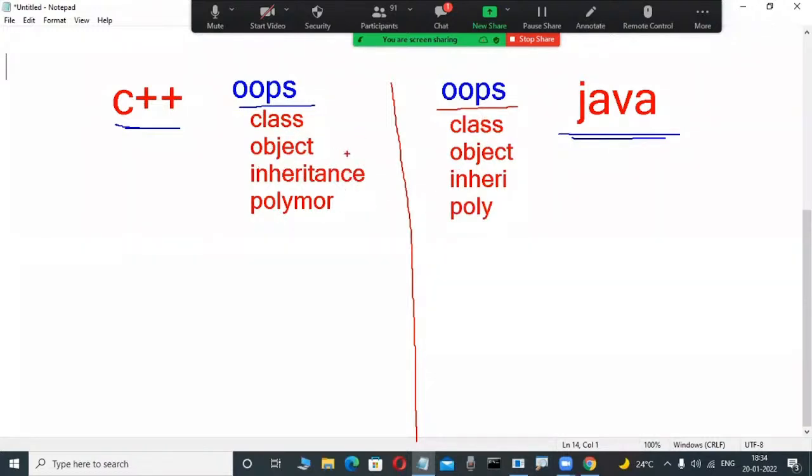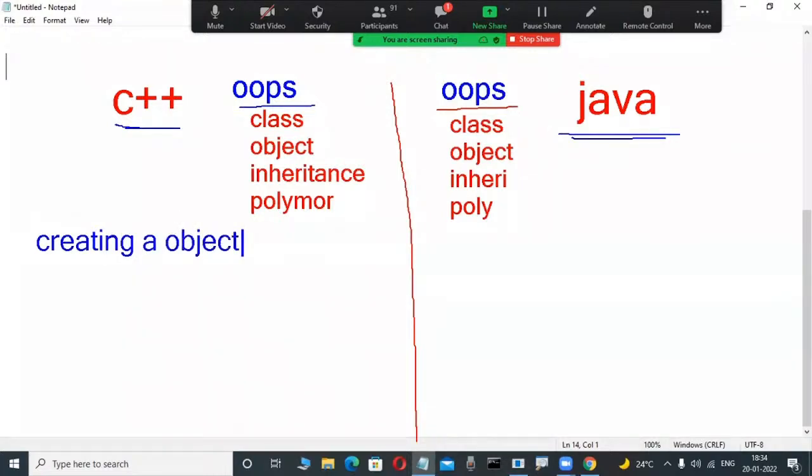Okay, C++ and Java, conceptually: what is class, what is object, what is inheritance, what is polymorphism, encapsulation, binding. But observe here. Anybody guess it? Suppose in C++ I want to create an object from the class, what is the syntax? Anybody technical having an idea? So many persons have an idea.